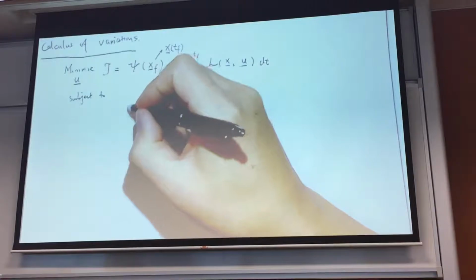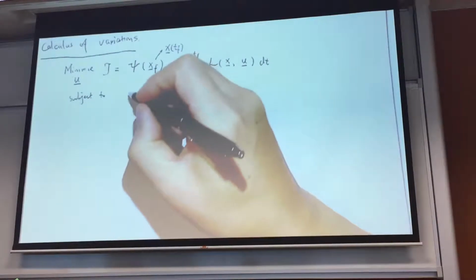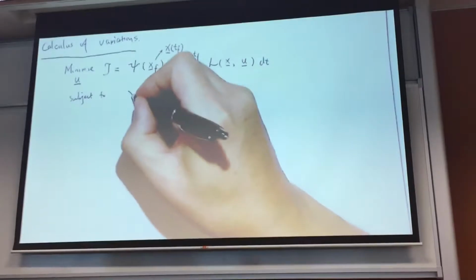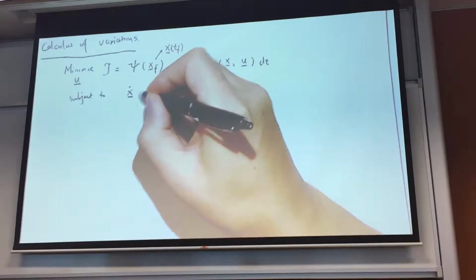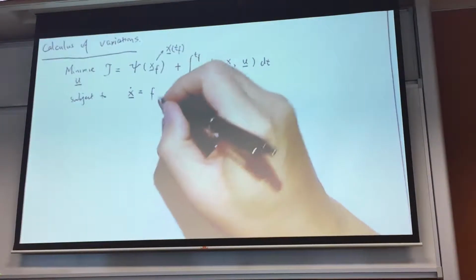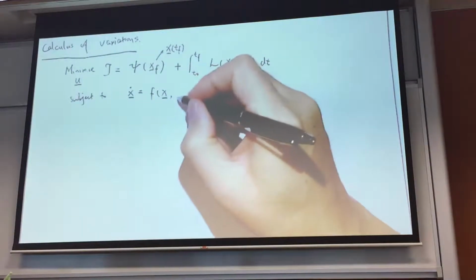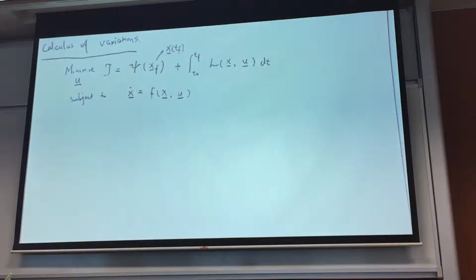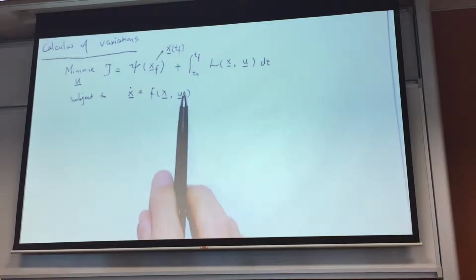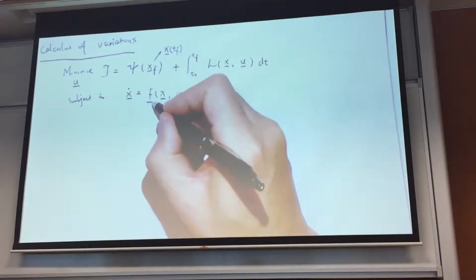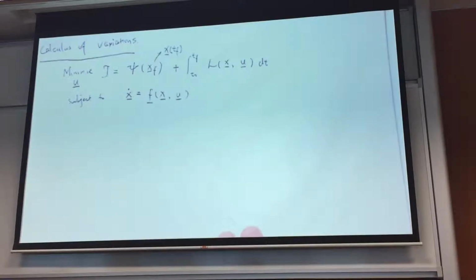So the dynamics of the system is represented by a set of differential equations, x dot equal to f(x, u). So in terms of the state vector in the state space, we have multiple equations here.